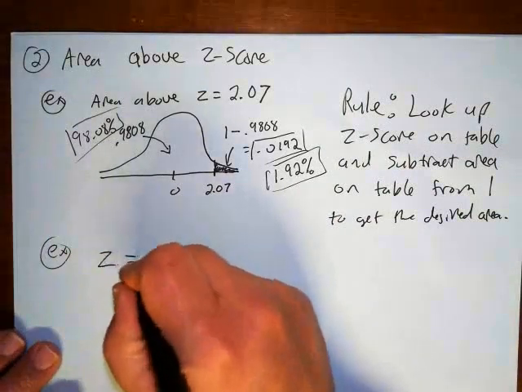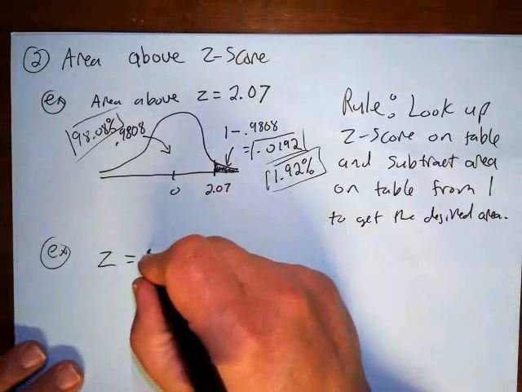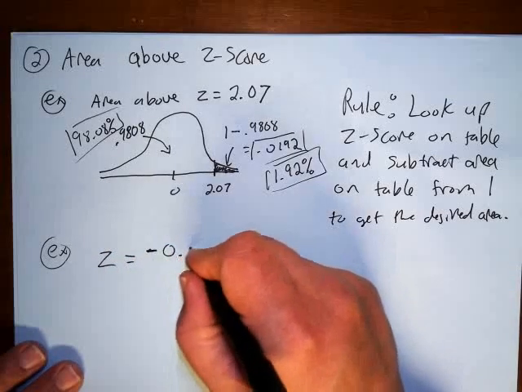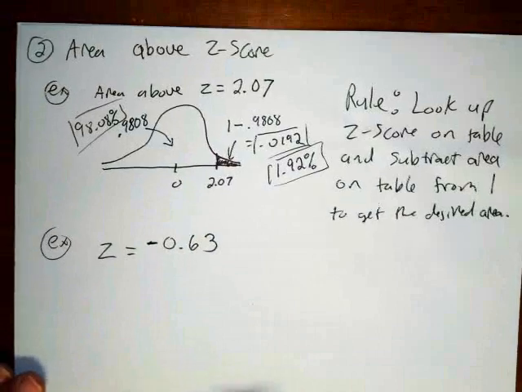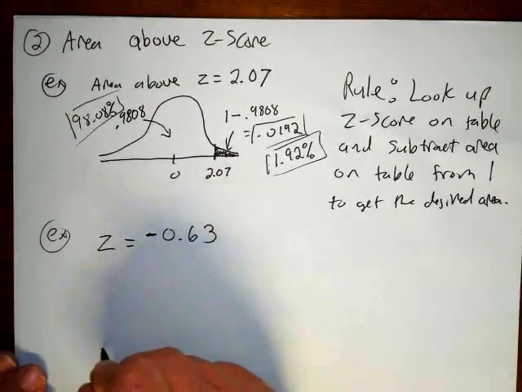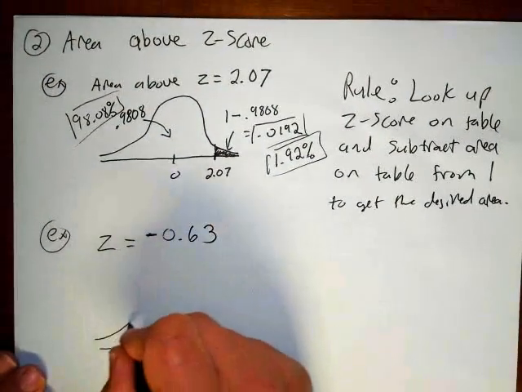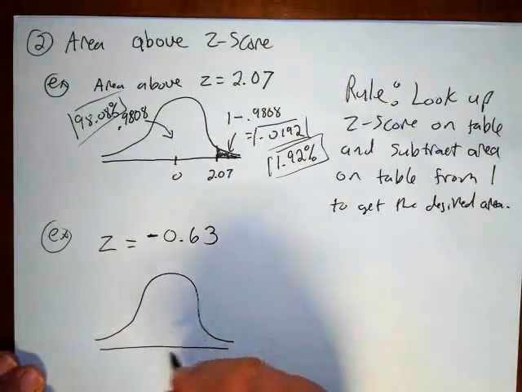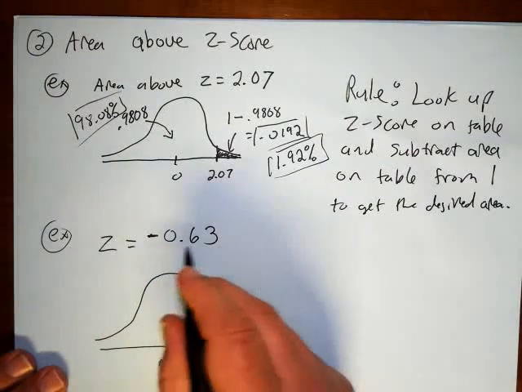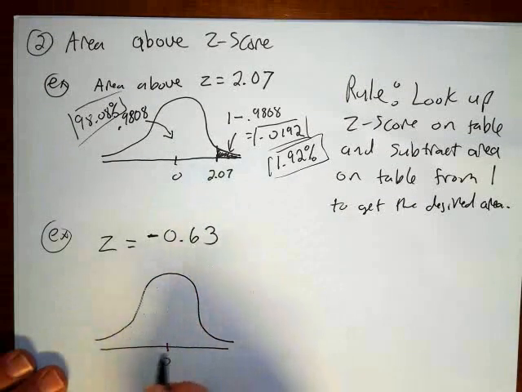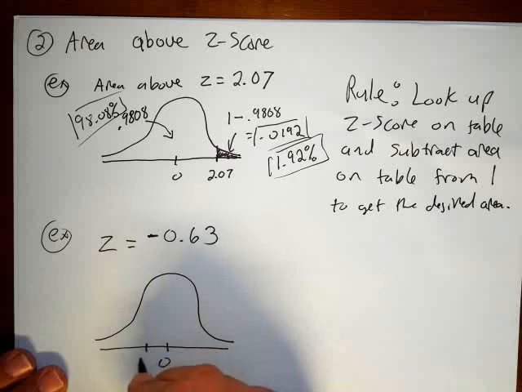Let's say z equals negative 0.63. So this is 0, negative 0.63. That would be below the mean, and it's not even 1 standard deviation below, so it's a little close to 0.